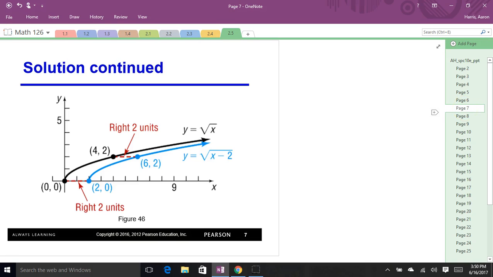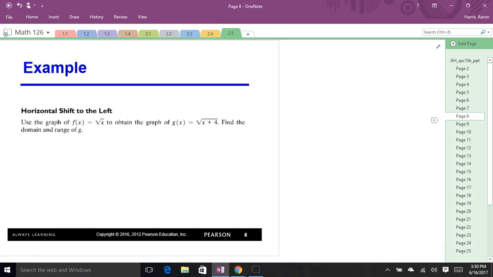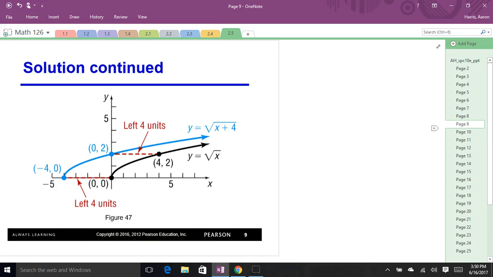Okay, there's a little better picture of that. So again, that's moving it right 2. Whereas if you had a plus underneath there, you're going to be moving that thing left, in this case left 4. So when you have that composition, and there's an example of that, notice it shifted it left 4. There it is. All right.